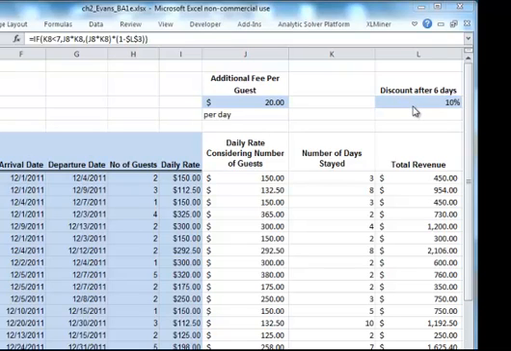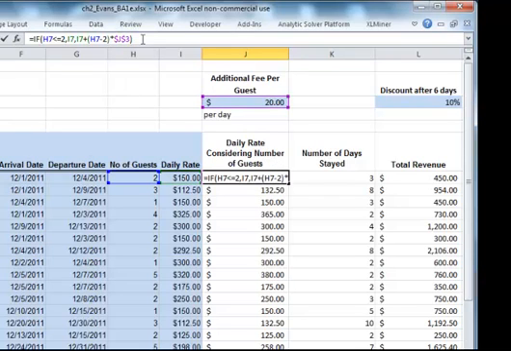So most of you got this right, but just in case, the way this was modeled is we took our daily rate considering number of guests. So we just put an if statement in here. If number of guests was less than or equal to 2, then the daily rate was just whatever the daily rate was.